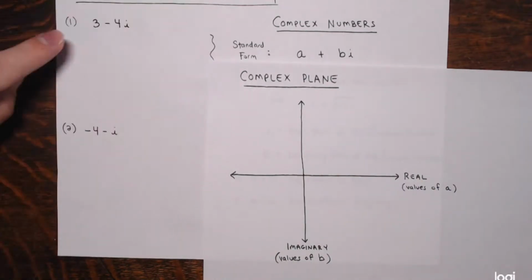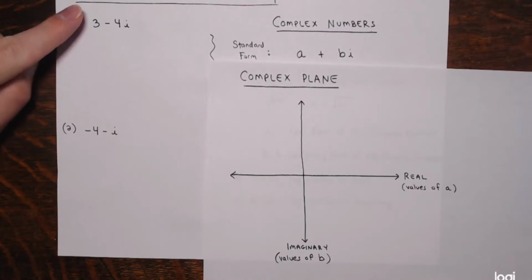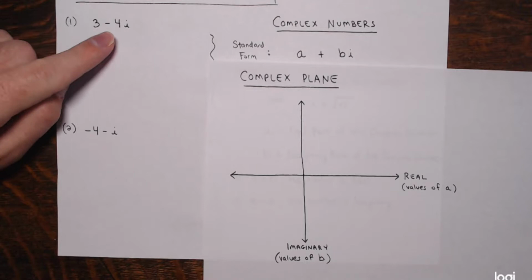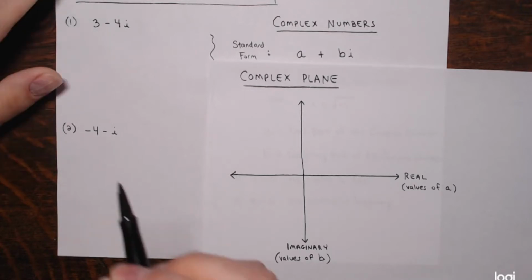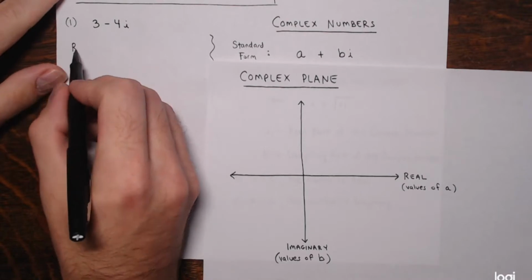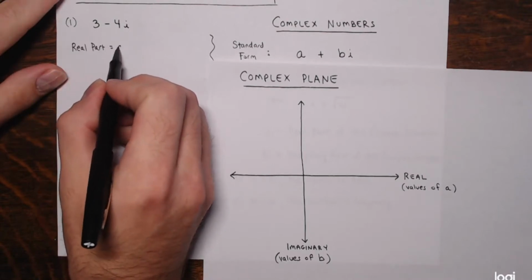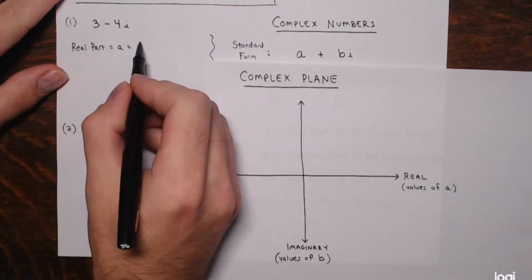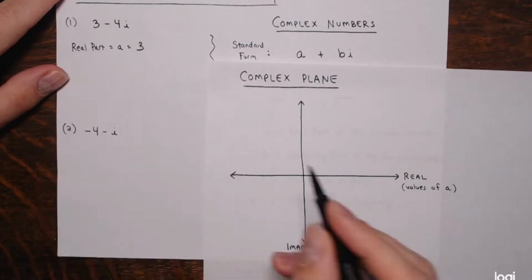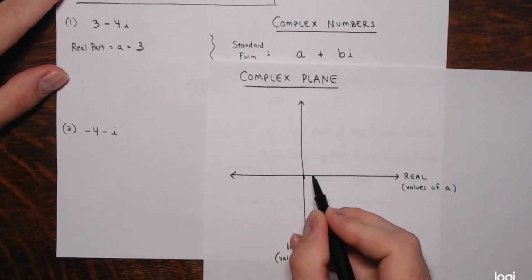So, in example 1, we're asked to plot the number 3 minus 4i in the complex plane. Right, so the real part, that value of a in a plus bi, here is 3. So I go to positive 3 on the real axis, the horizontal axis.